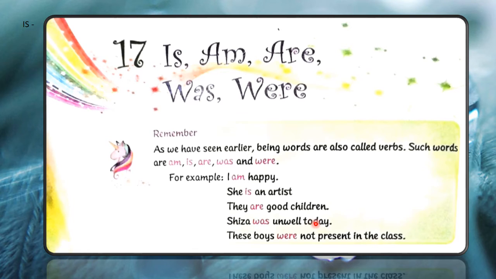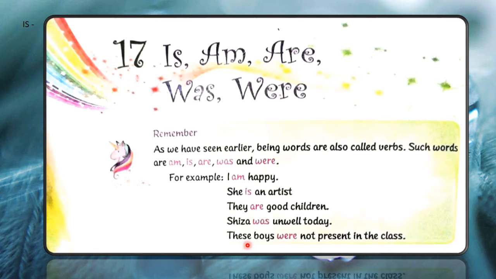Shiza was unwell today. So Shiza is singular and we use was to tell about something which happened already, before, in the past. These boys were not present in the class.